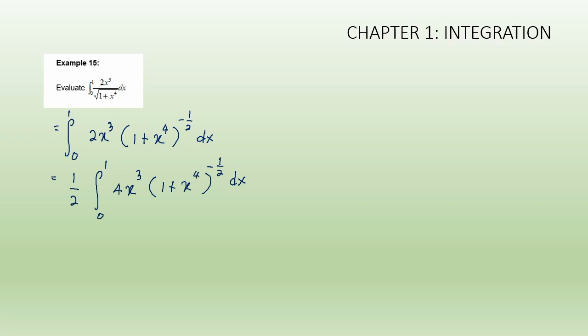So I have turned this integration into the form of f prime x times f(x) power of n. As we remember, the integration in this form is f(x) power of n plus 1 over n plus 1.